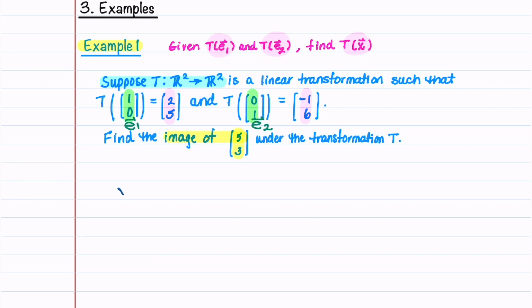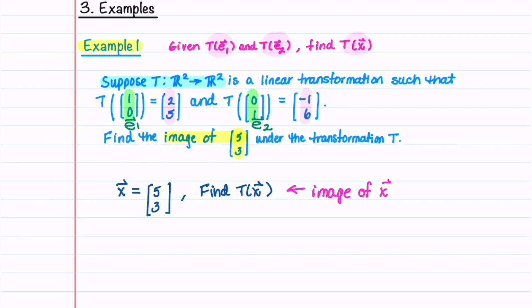We're going to set x equal to the vector (5, 3), and then we'll find T of x, which is the image of x.